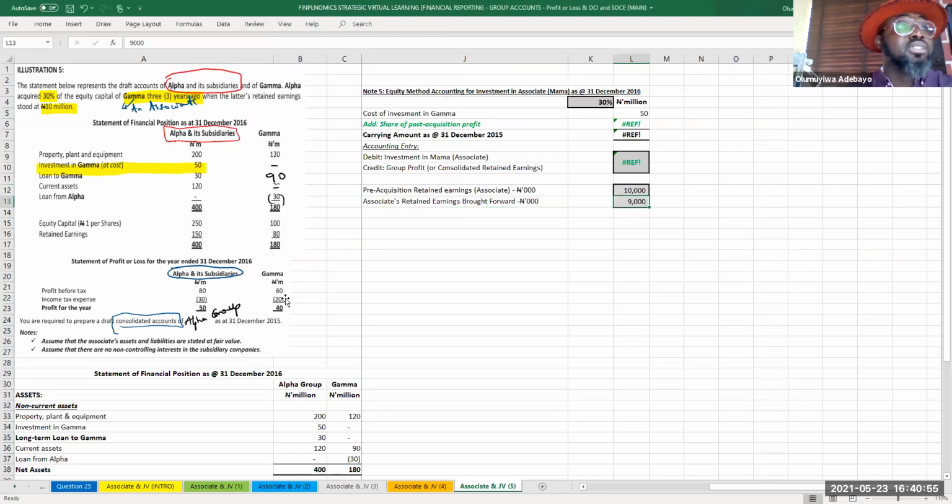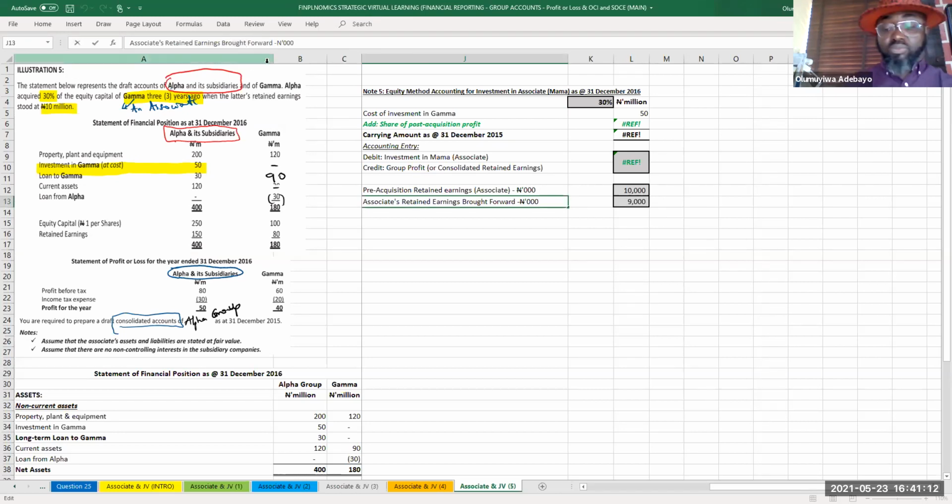Okay, and what is the retained earnings brought forward? We are not given the retained earnings brought forward. We are given only the retained earnings carry forward, which is 80. Yes. Therefore, I'll change this to carry forward. They didn't give me the opening, they gave me the ending. Therefore, I need the opening.